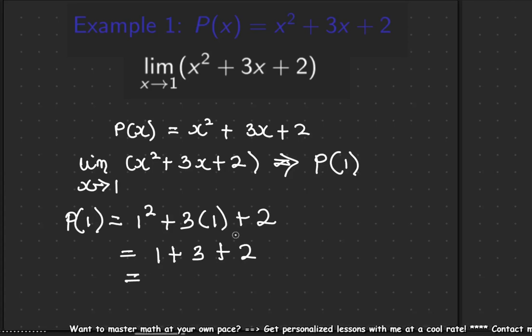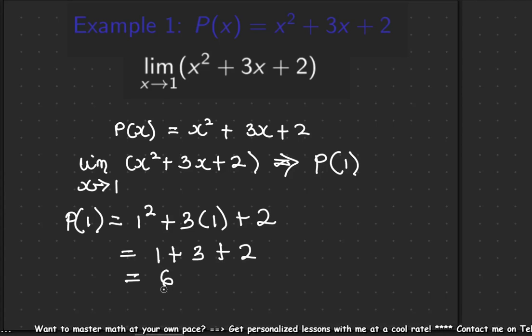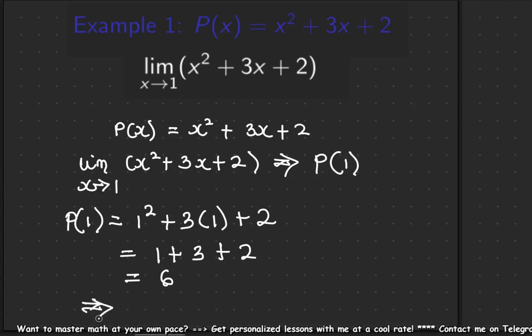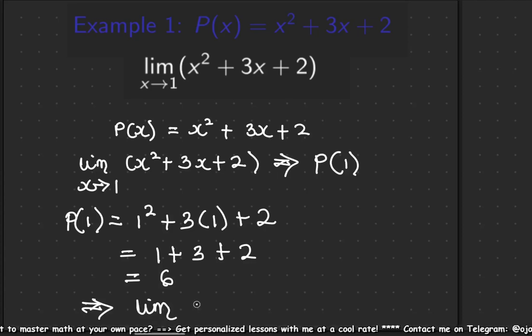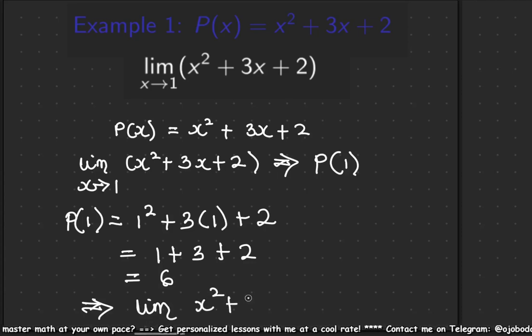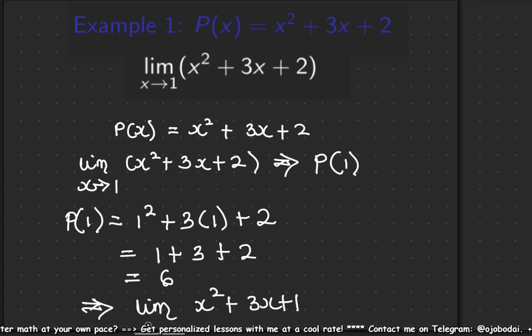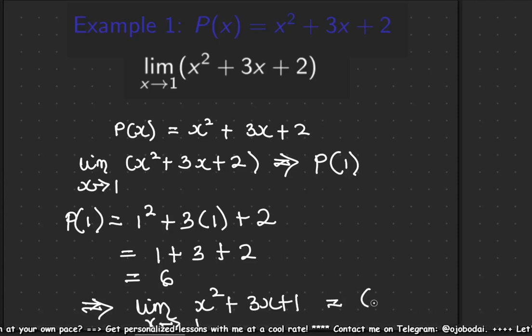Evaluating this further, 1 plus 3 gives us 4, 4 plus 2 gives us 6. So this implies that the limit of the function x squared plus 3x plus 2 as x approaches 1 is equal to 6. As simple as that. Do you see?